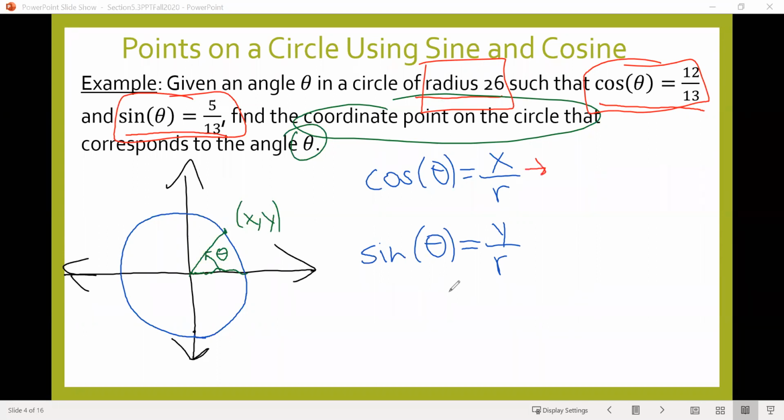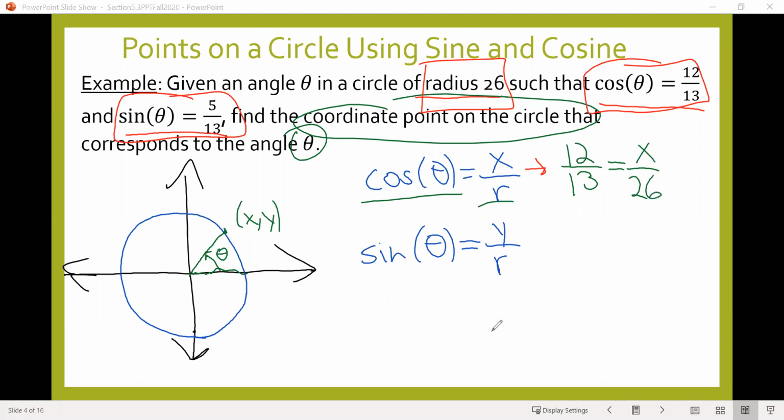For the cosine, we know the cosine is equal to 12 over 13. So I can say 12 over 13 equals x, which we don't know so we leave it as a variable, over the radius, which is 26.